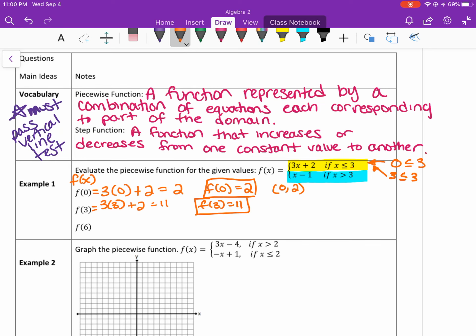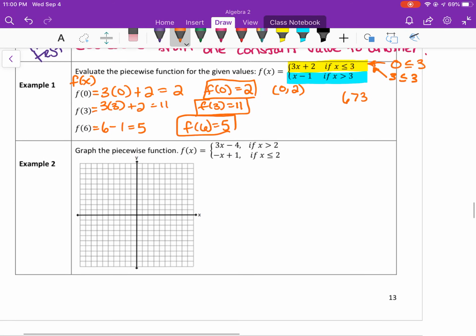And for 6, since 6 is greater than 3, you're going to use the x minus 1 equation. So 6 minus 1 equals 5. f of 6 equals 5. So that's how to evaluate a piecewise function. You ask yourself what part of the domain corresponds to that x value, and then choose the correct equation to plug it into.